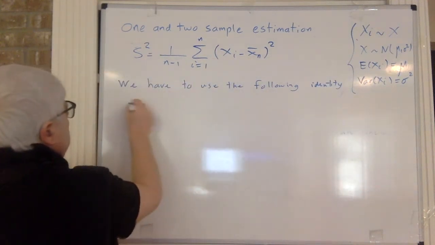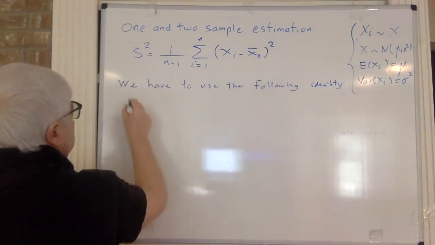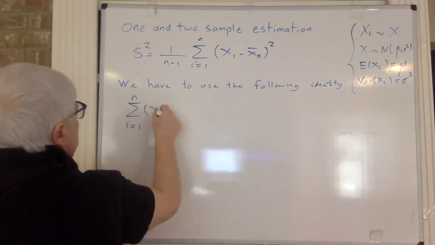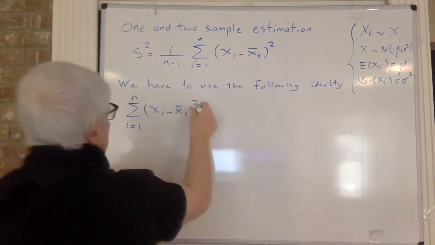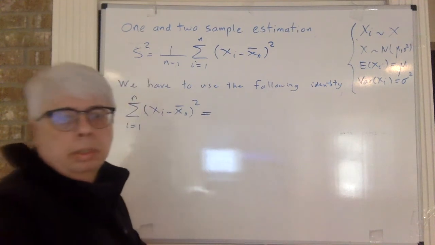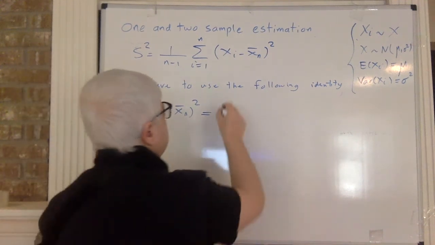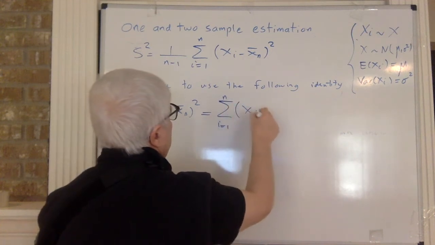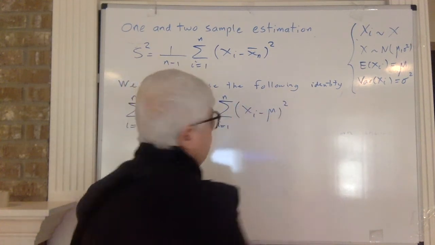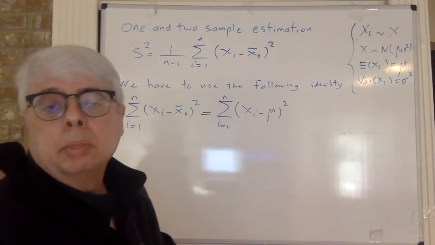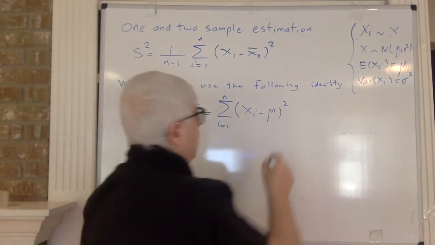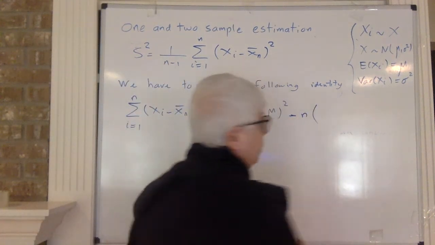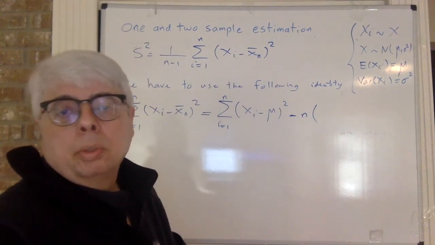That identity is, we had it in the past, xi minus x bar n, I'm not going to put it again, and that is sigma... mu squared minus n times x bar n minus mu.